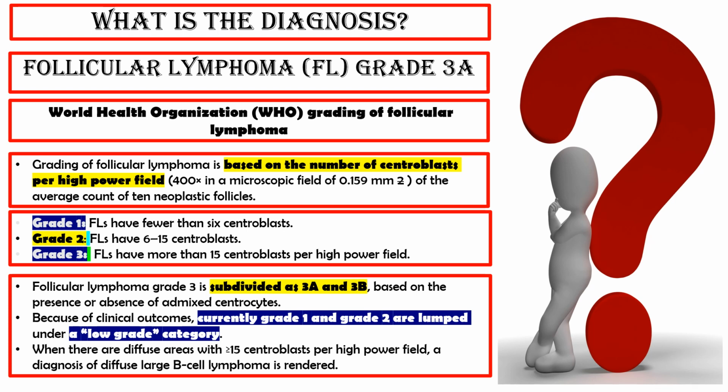When there are diffuse areas with 15 or more centroblasts per high-power field, a diagnosis of diffuse large B-cell lymphoma is rendered.